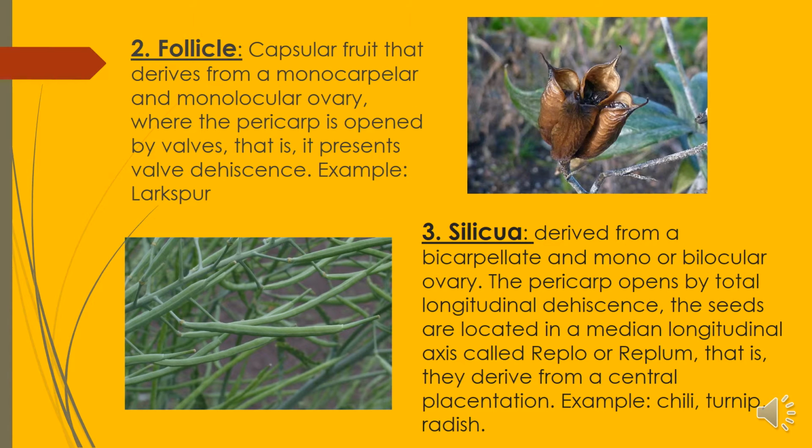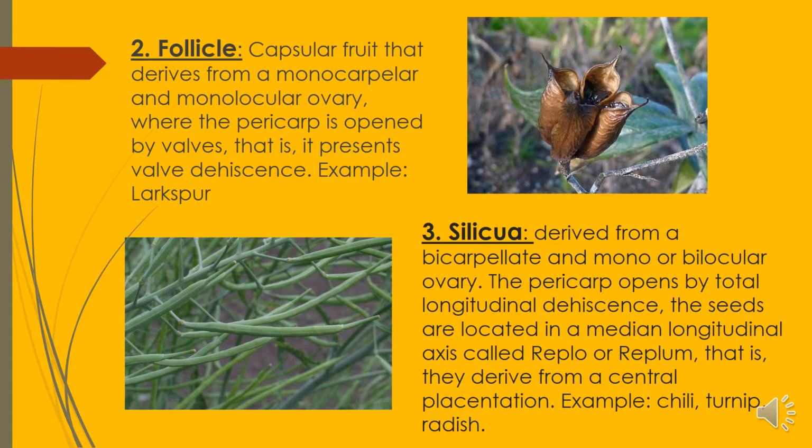Number 2, follicle. A capsular fruit that derives from a monocarpellar and unilocular ovary, where the pericarp opens by one suture, that is, ventral dehiscence. Example: larkspur. Number 3, siliqua, derived from a bicarpellar ovary.